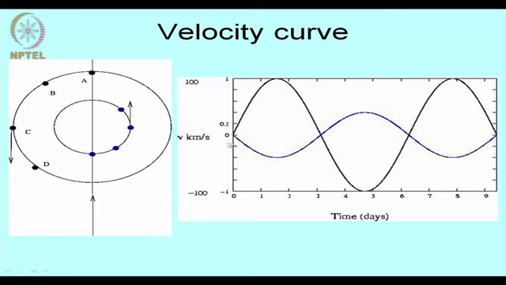So, in position A there is no line of sight component of the velocity, in position B it has gone up, position C it has gone up further for this object and then it reduces and it becomes negative in this half and again positive.